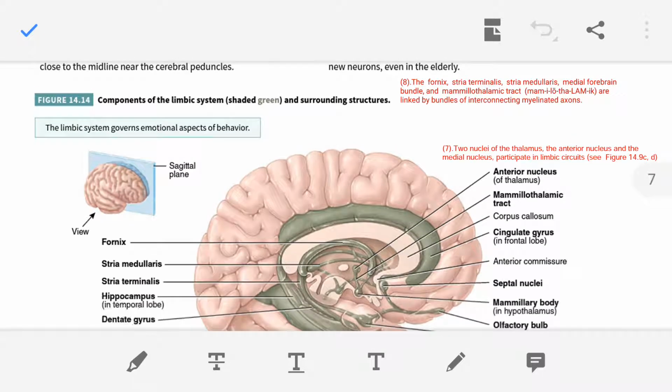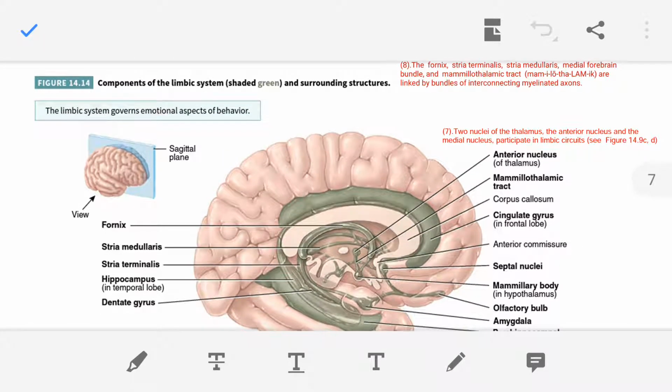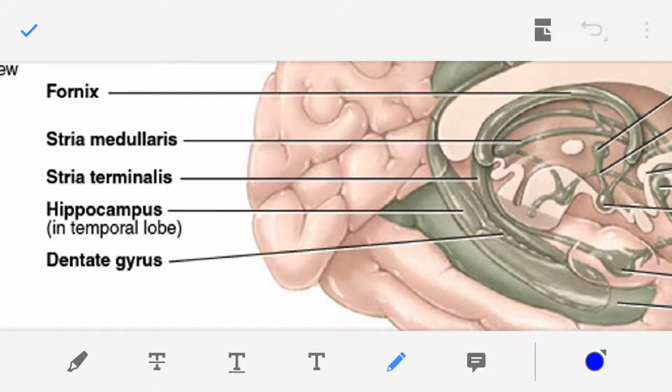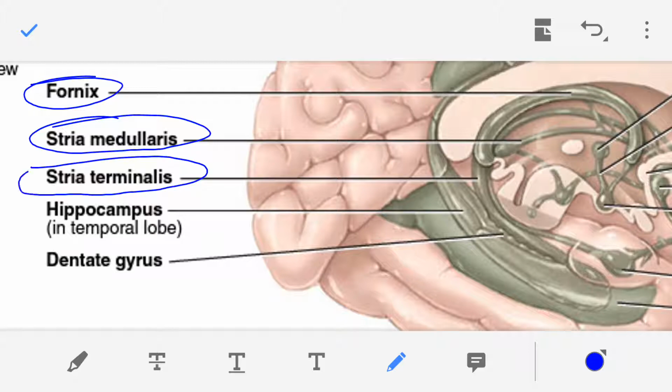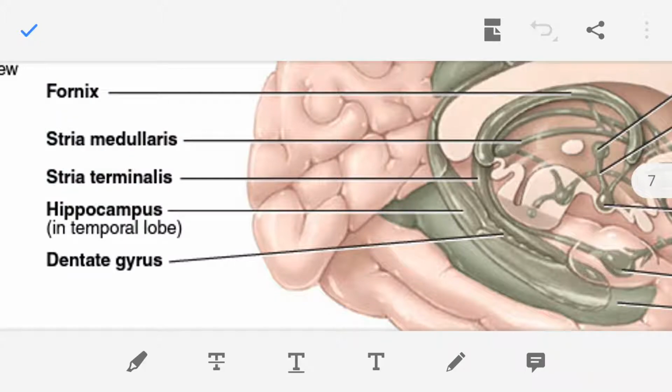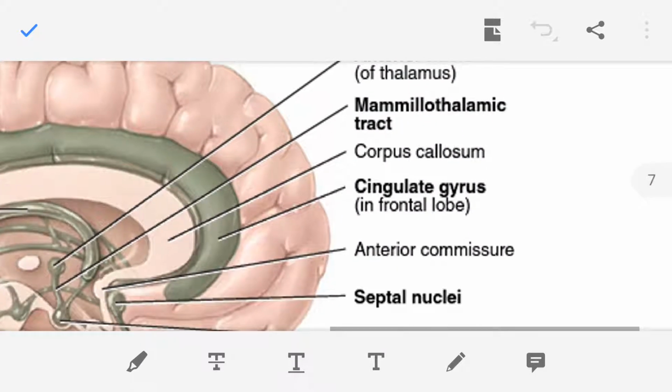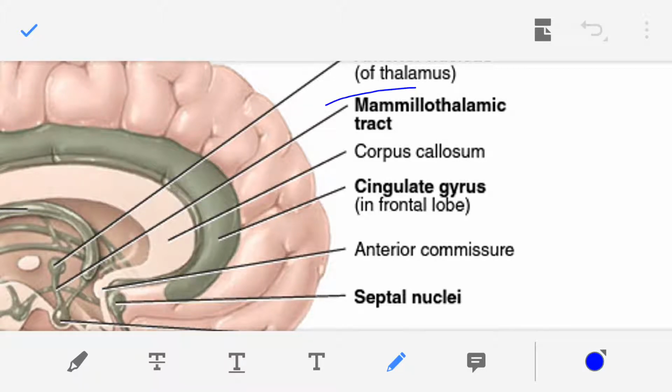So one by one we are looking at them. So see over here, fornix, stria medullaris, stria terminalis. You follow the arrow. Okay, and here, mammillothalamic tract.